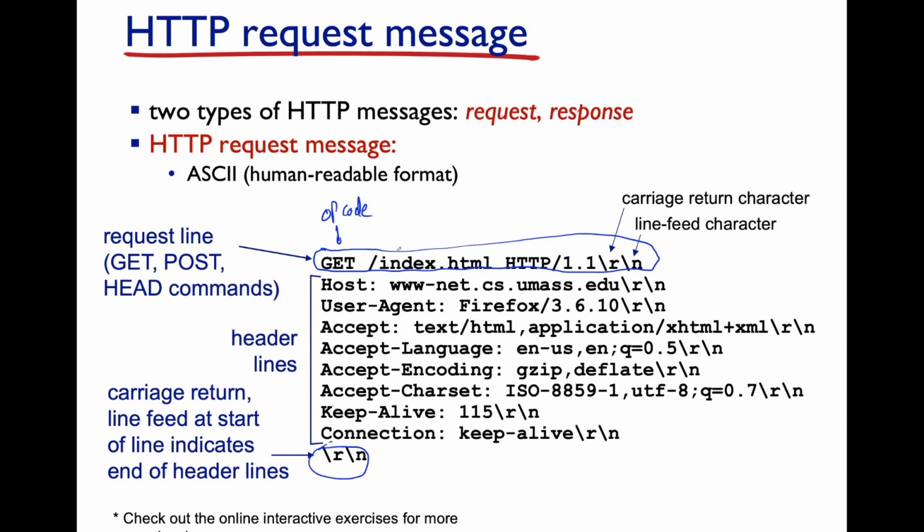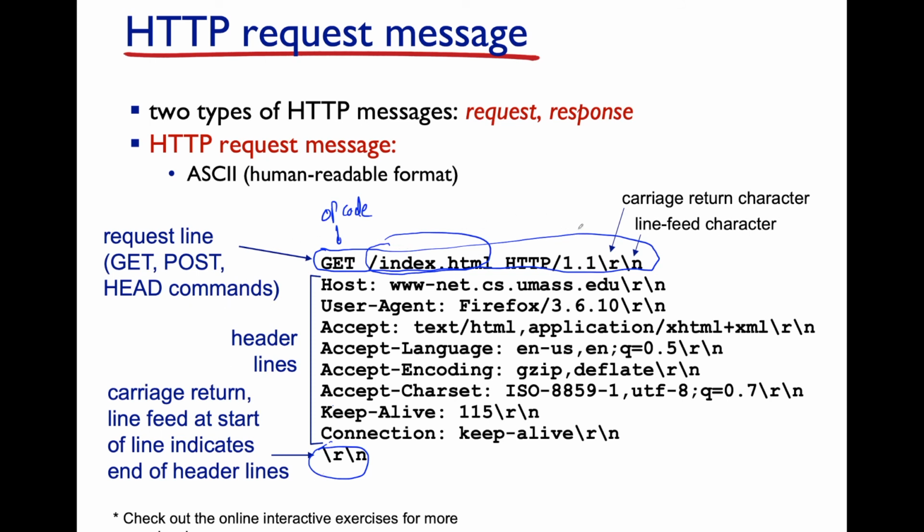The file system resource or file system object is identified by this field. Here it says index.html, and it's relative to a root or top of a file system. Now, of course, that could have a folder hierarchy as well as a file name. But all it's doing is saying perform this opcode on that resource.